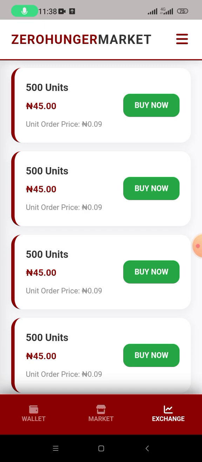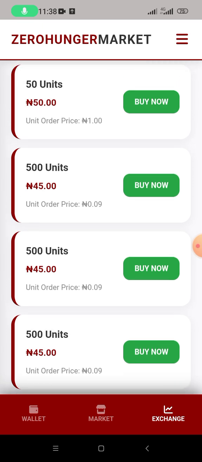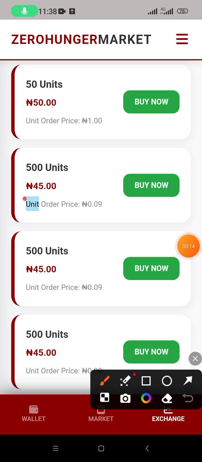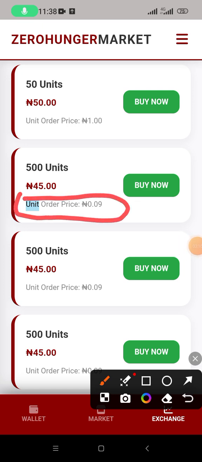So it might not be any amount, but let me just tell you the strategy you're going to follow. First, if you come here, look at this. Always be looking at this unit order price. You can buy at this unit order price, this is 0.09, and sell at a higher price.